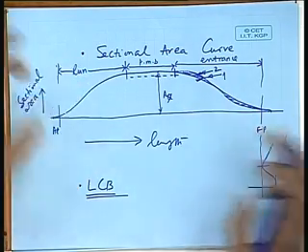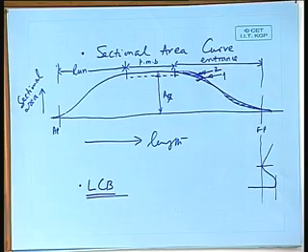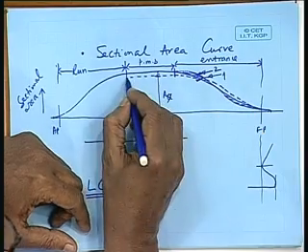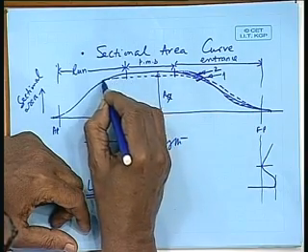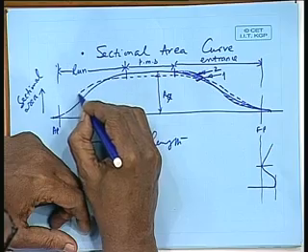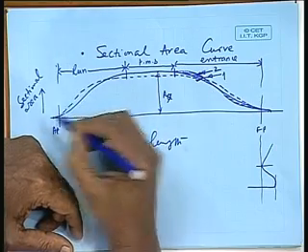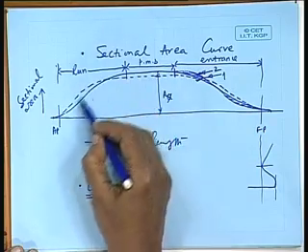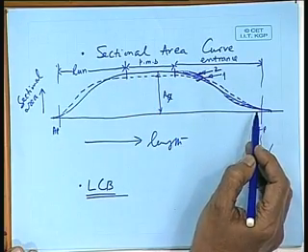My forward and aft will become fuller. I will have a large parallel middle body, but my forward and aft will become fuller. Do you understand that? It will become like this. This area that I lose will have to be made up here and here.